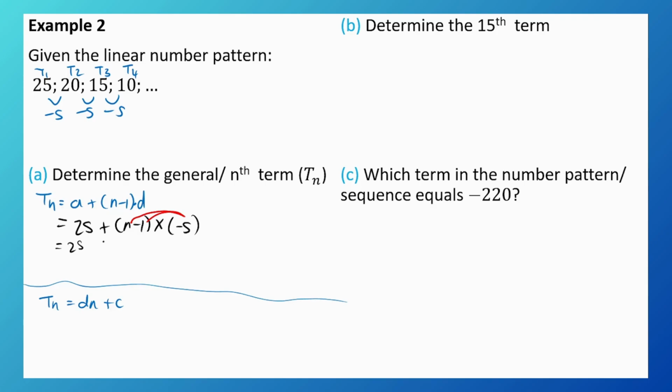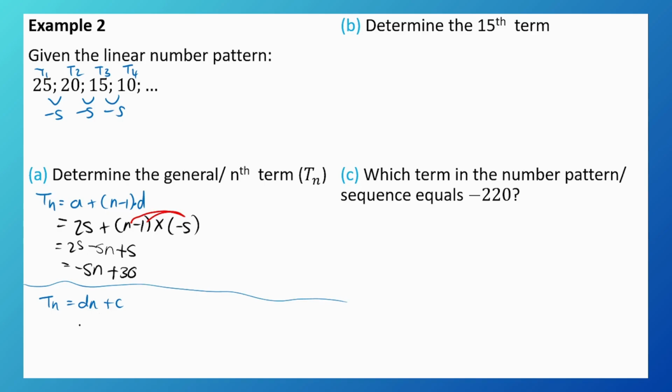So you're going to get 25, n times -5 is -5n, and -1 times -1 is +5, not -6. It's multiplication, please. And then you know it's -5n, and the 25 plus the 5 is 30.